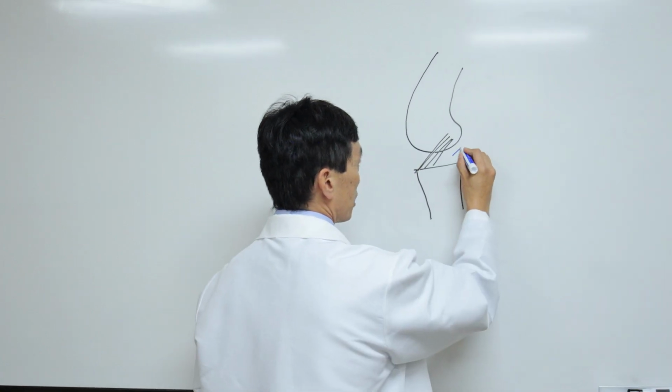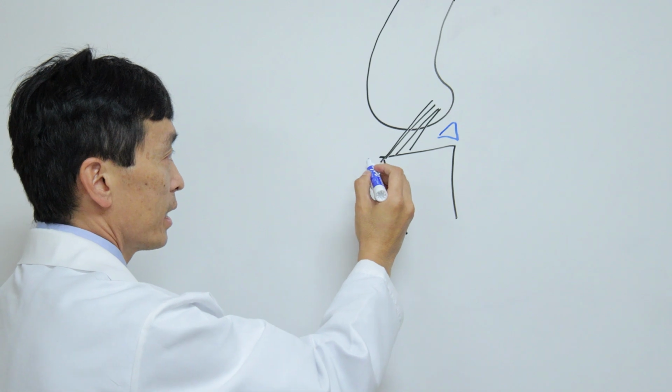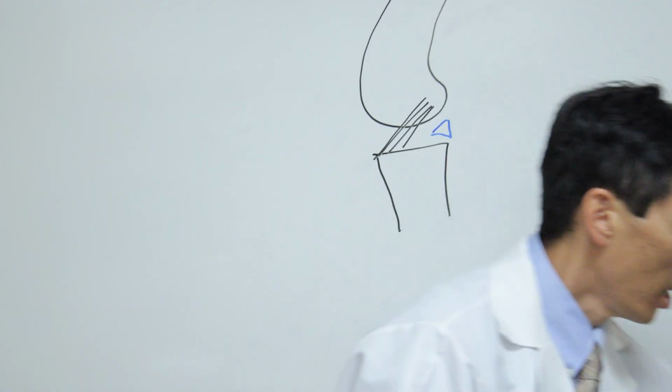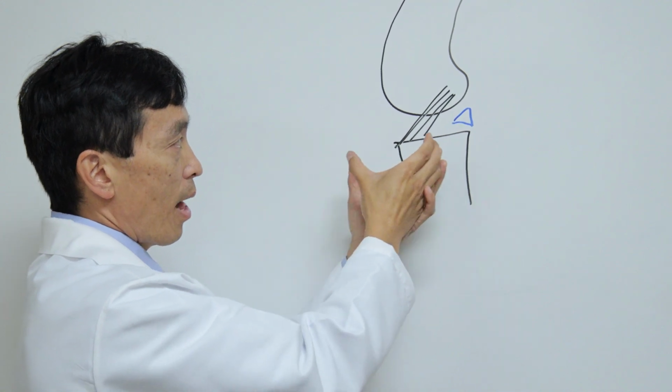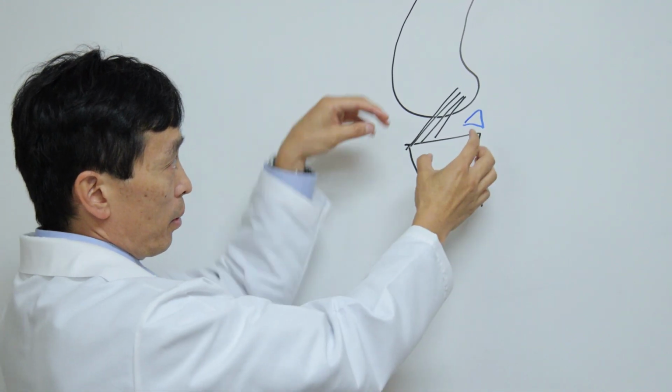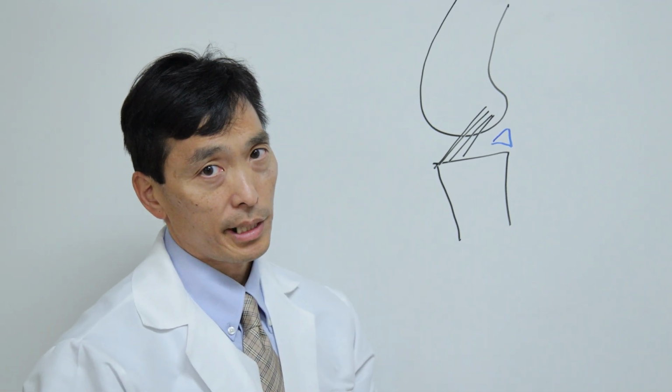it puts stress on this structure, the posterior horn of the medial meniscus, because the posterior horn of the medial meniscus acts as a chalk block. If you pull forward too much, there's a shearing force on the posterior horn medial meniscus.